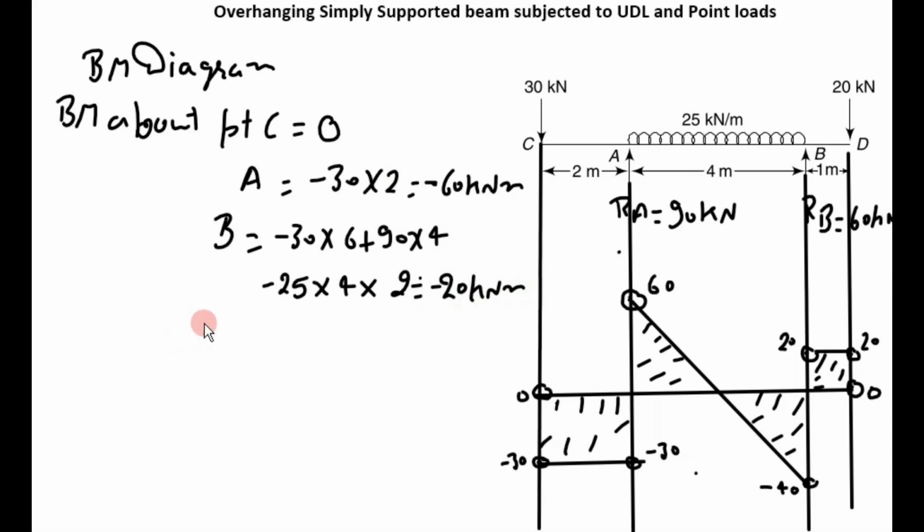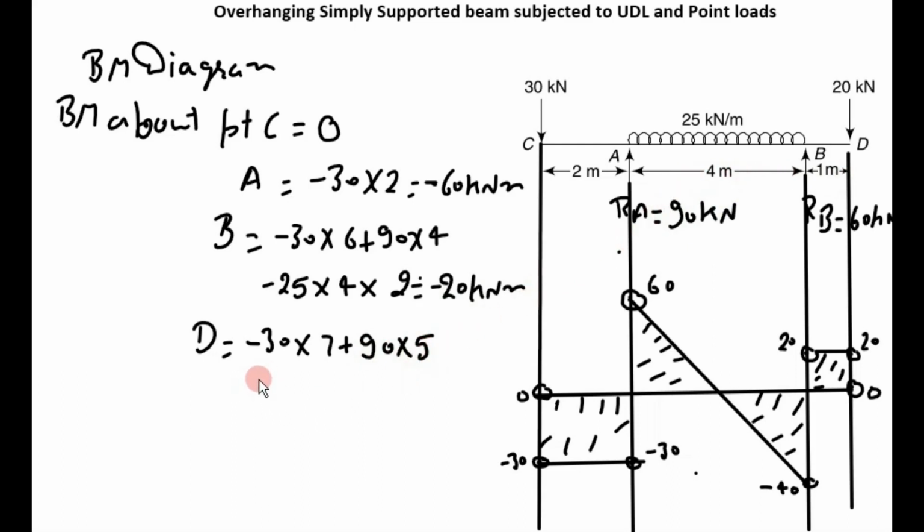The last point is point D. On the left side of point D, first force is 30 kilonewton. It is at a distance of 7 meter. So minus, it tends to rotate the beam in anti-clockwise direction. Next one is 90 kilonewton, RA. It tends to rotate the beam in clockwise direction, and RA is at a distance of 5 meter from point D. Next is UDL.